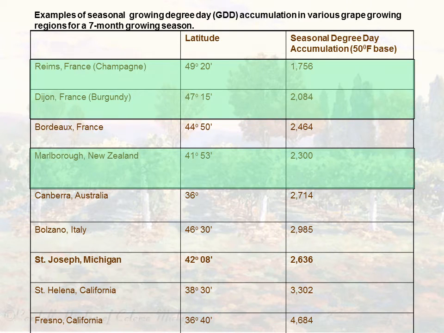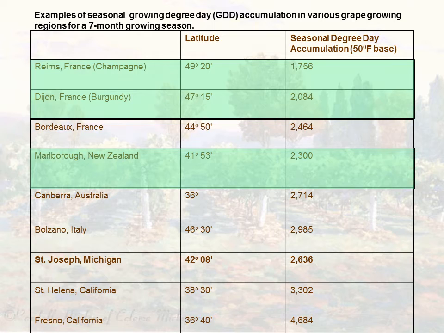We have 3 viticultural regions now highlighted, and their growing degree day accumulation starts off at a high, say, of Marlborough in New Zealand down to the Champagne region in Reims, France at 1756. And if you think of it, those areas are known for grapes that grow in a cool climate.